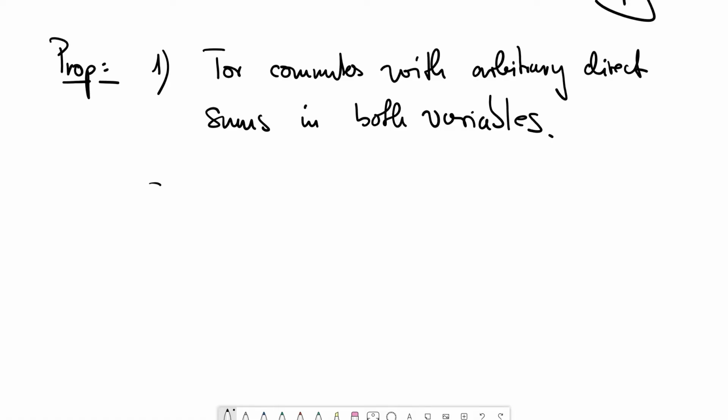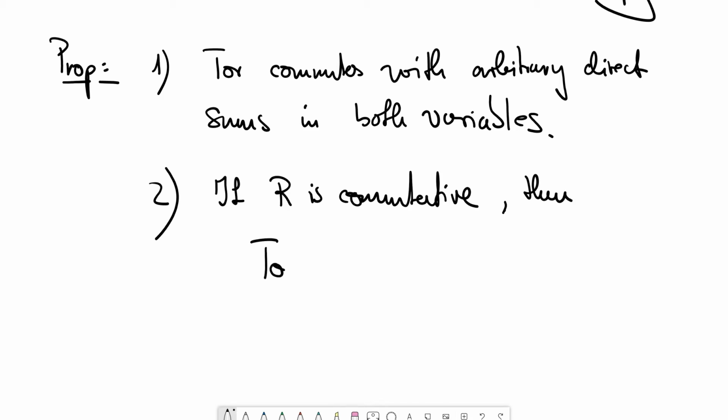The second statement is less easy to prove. But I want to state it. If R is commutative, which means that we don't have to distinguish between left and right modules. Each left module is in a canonical way also a right module.